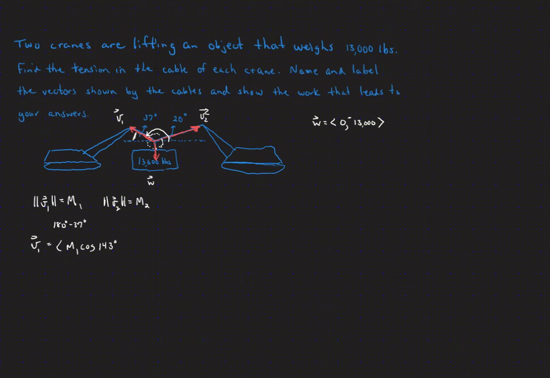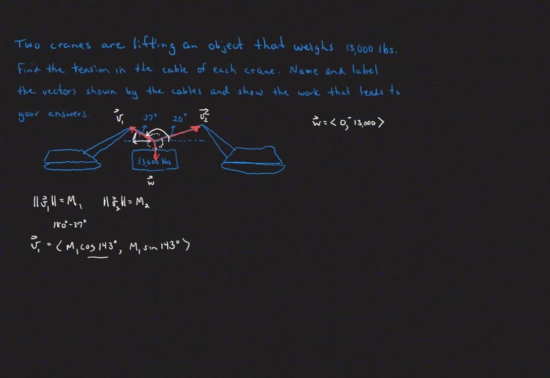Now in our mind anyway, we can see that the cosine of 143, an angle in quadrant 2, is going to be a negative number, which would make sense that the horizontal component of vector V1 should be pointing to the left, which is a negative direction. And in a similar fashion, we're going to say its y component is going to be M1 sine of 143 degrees.